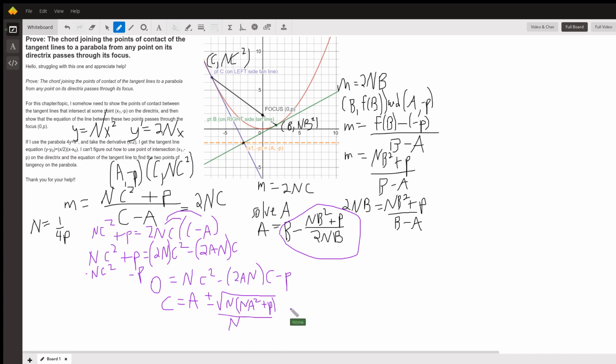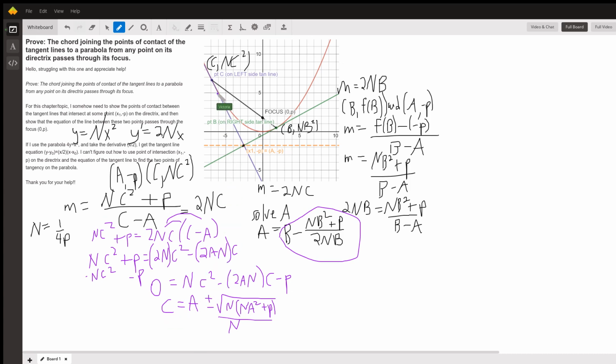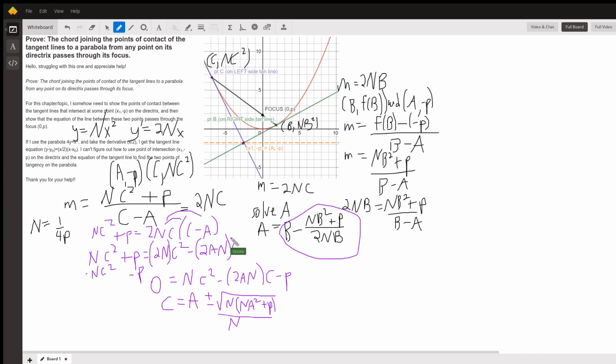And if we needed to find c in terms of b, we could plug this in. But we're not going to do that right now, but this is how we're going to find the x-coordinate of this other point that we have to choose so carefully in order to make it go through a negative p, so that we have our intersection right here on the directrix.